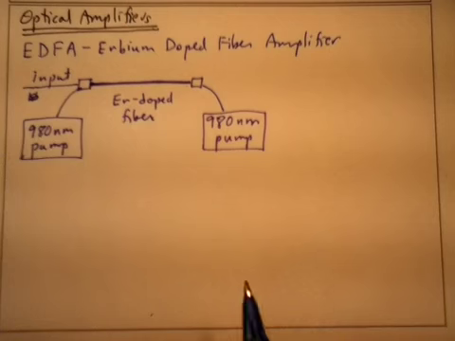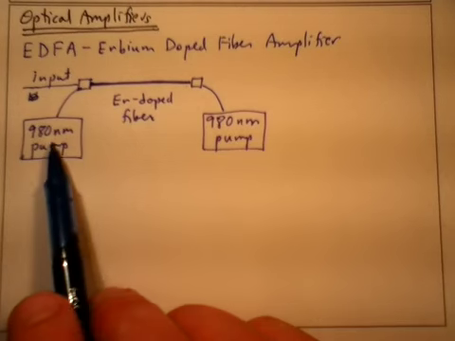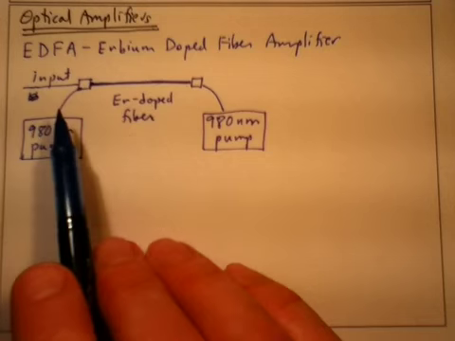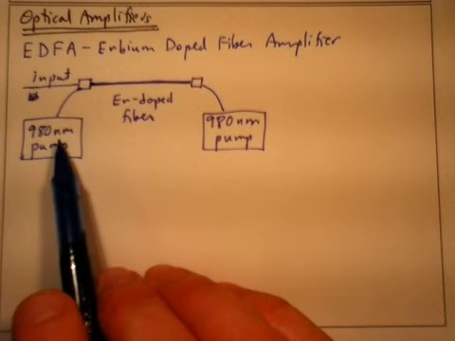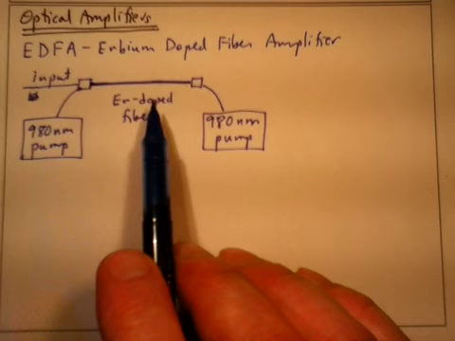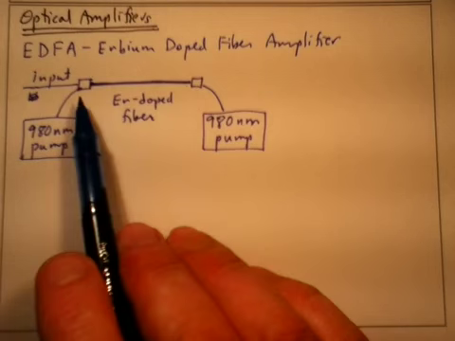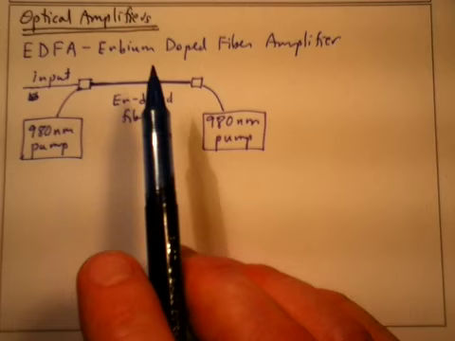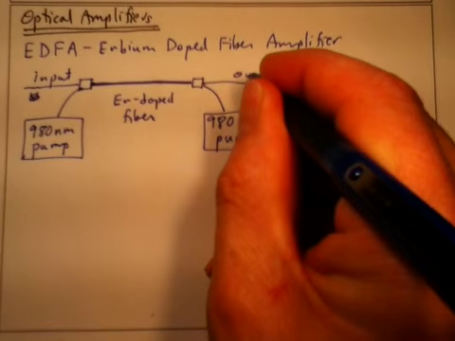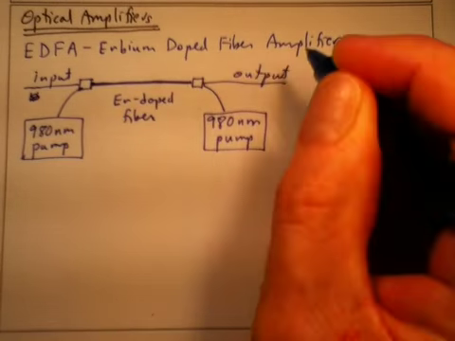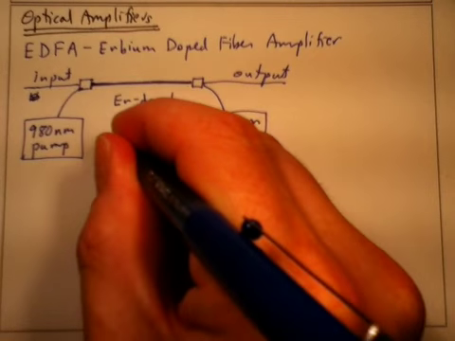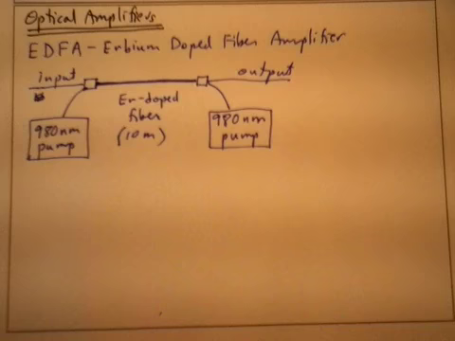but suffice it to say that a 980 nanometer photon has a higher energy than a 1550 nanometer photon, and the 980 nanometer photons can be made to lose some energy and create 1550 nanometer photons. And then we have our output. Typically 10 meters of erbium doped fiber is what we have in some sort of a coil in the device.